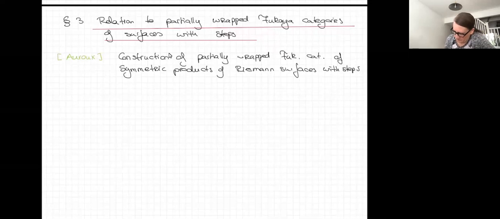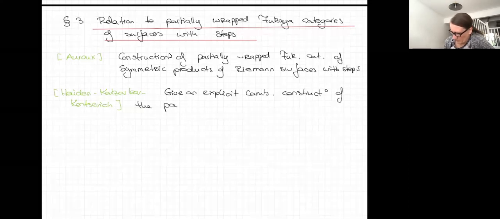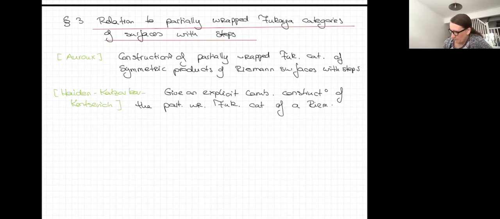Okay, and then Haiden, Katzarkov and Kontsevich give an explicit combinatorial construction of the partially wrapped Fukaya category of a Riemann surface, so a symmetric product only with one component in the product, a Riemann surface with stops.